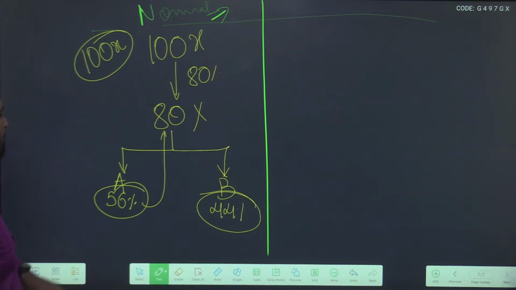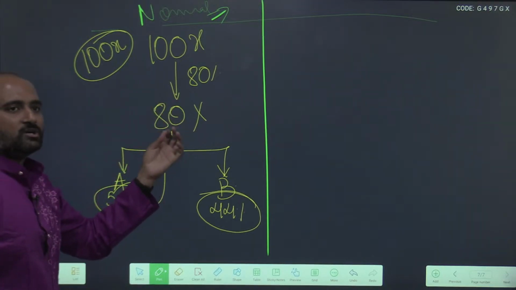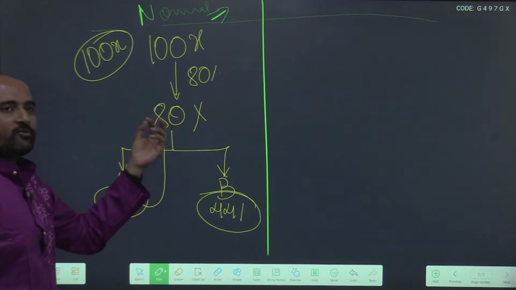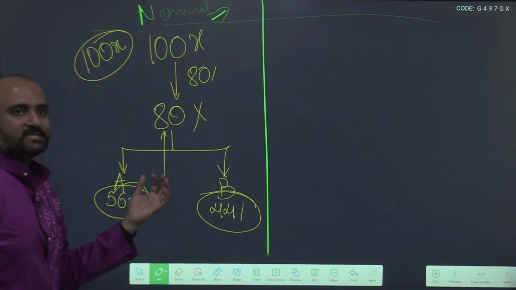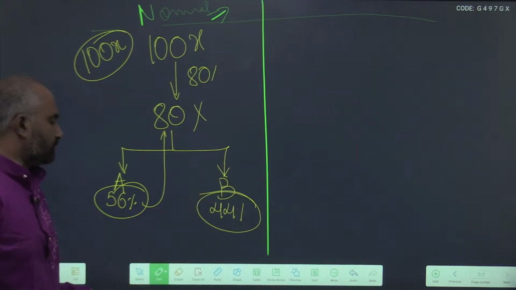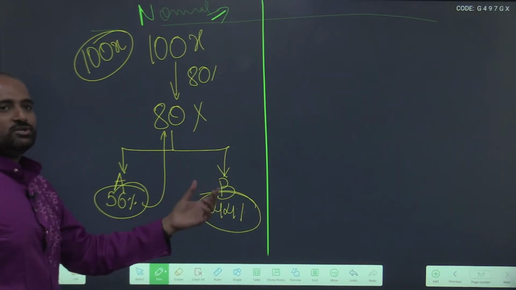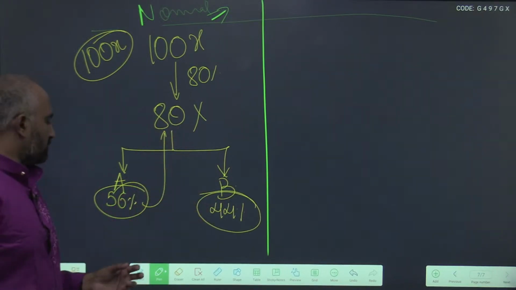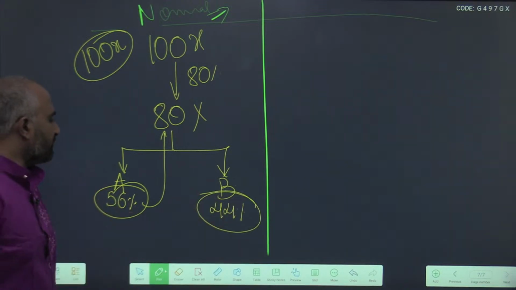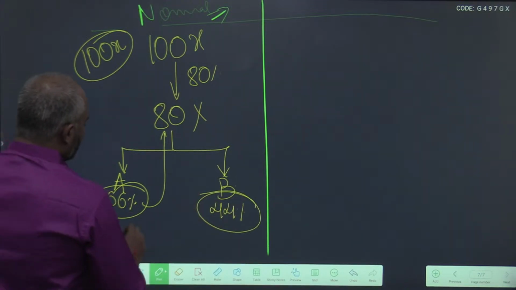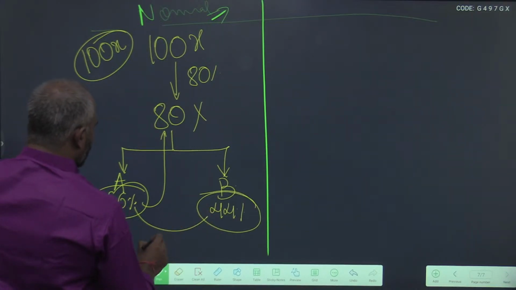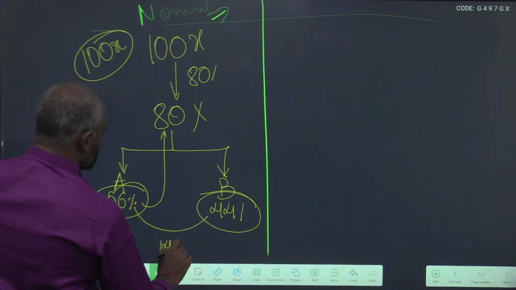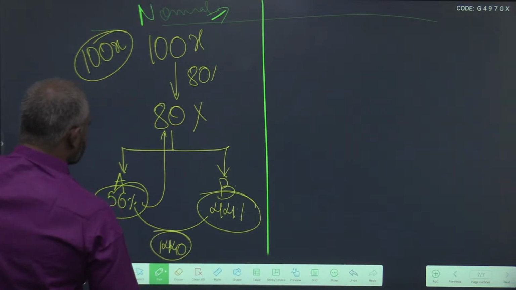If 100% of the votes were polled, those 100% are distributed to A and B, because it is given that there is no NOTA option. So A and B should complete the number of votes polled: 56% and 44%. Now the difference between these two is 1440 votes.